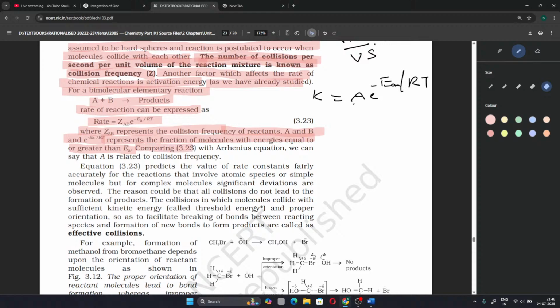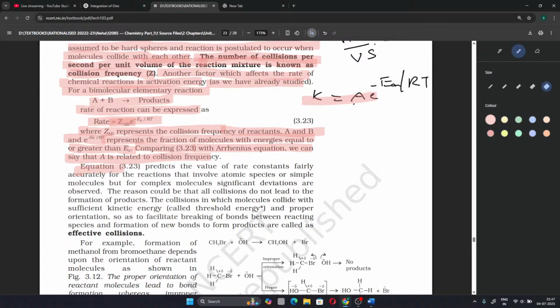Comparing 3.23 with the Arrhenius equation, we can say that A is related to collision frequency.